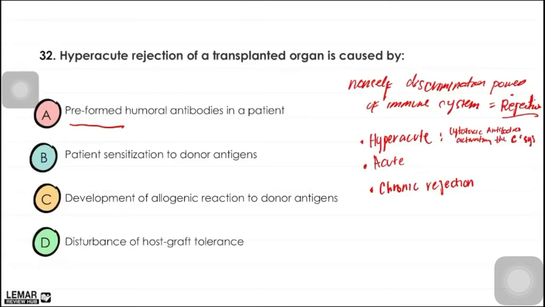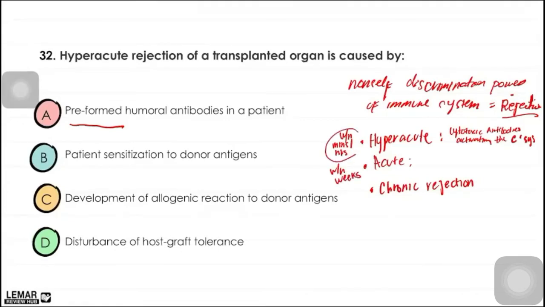Now we have acute rejection. Acute rejection occurs within weeks rather than in minutes or a few hours as with hyperacute rejection.